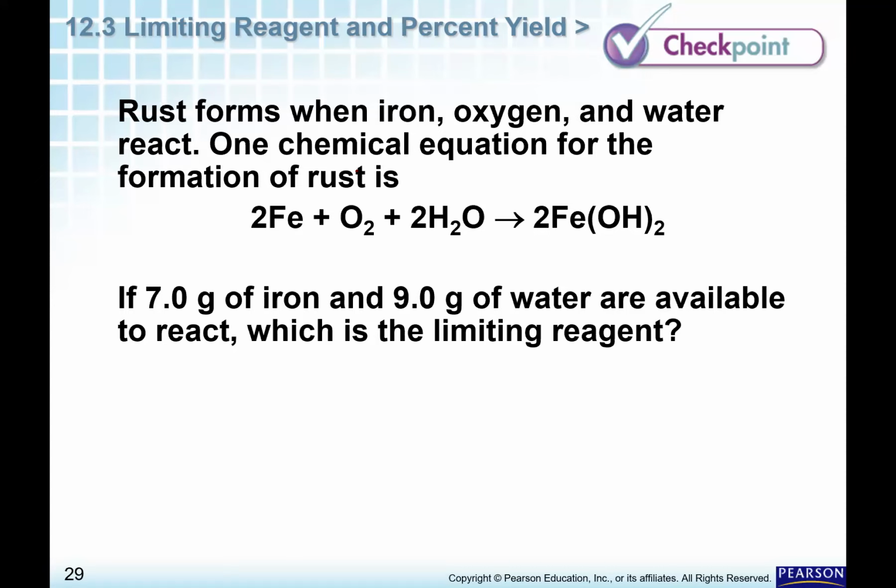Okay, if we have a reaction which is iron with oxygen to produce iron hydroxide. I will do this quickly because we need to stop, but we will review it later on.